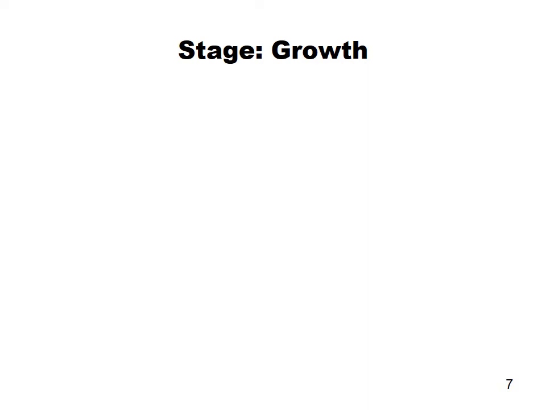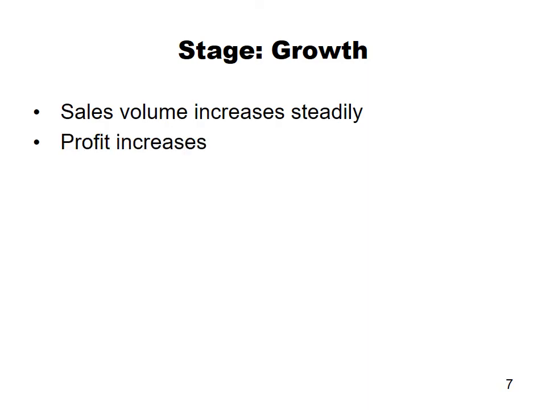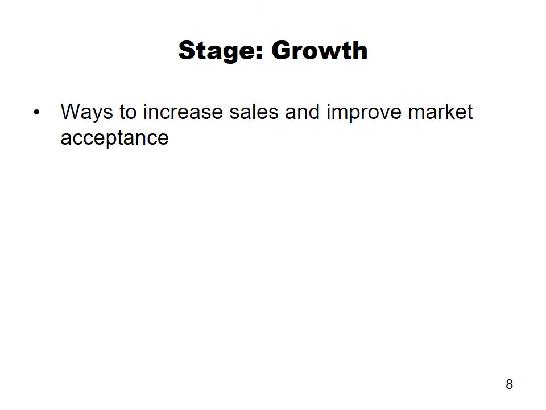At the stage of growth, sales volume increases steadily, the profit increases, and it attracts significant competition. As more and more banks see Bank A is making good money, Banks B, C, D will come in too. There are ways to increase sales and improve market acceptance.